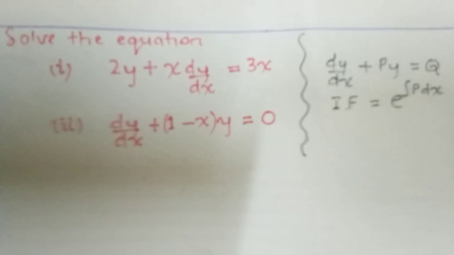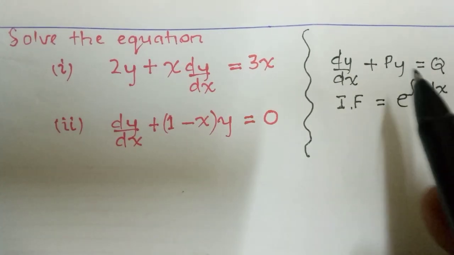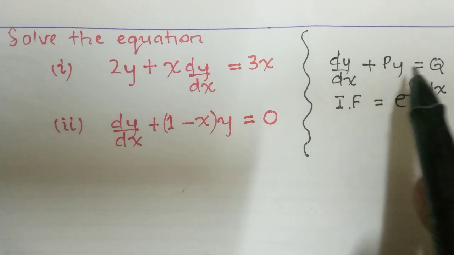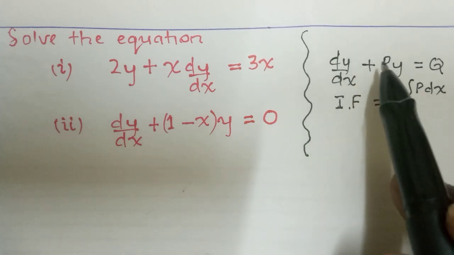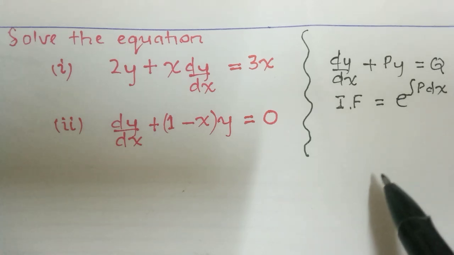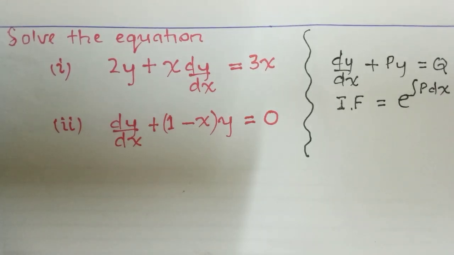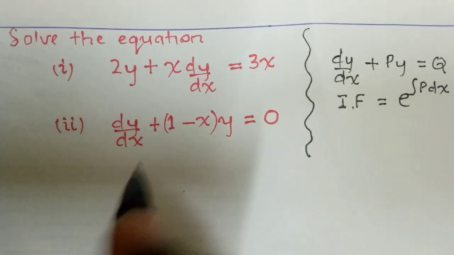So this is what we shall be using for these two equations. When we find the integrating factor, we multiply all the values here, this one and that one, so that we make this become an exact equation. So this is what we now do.